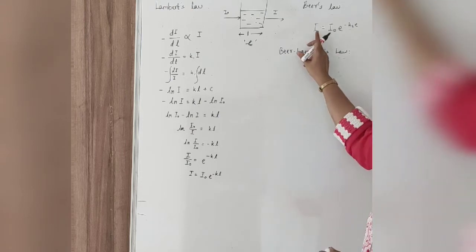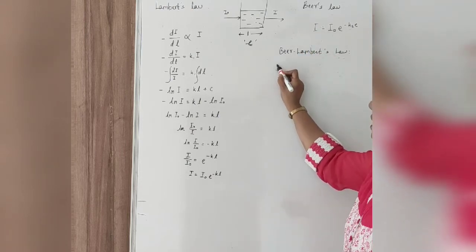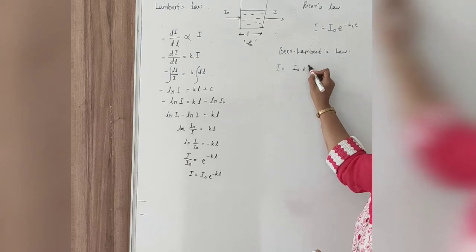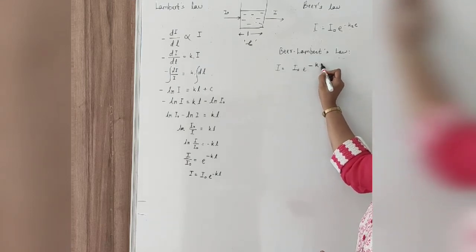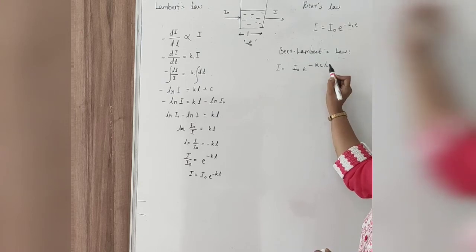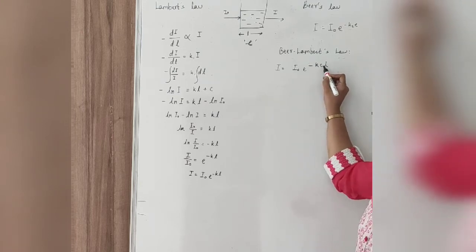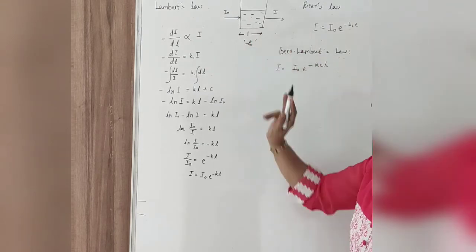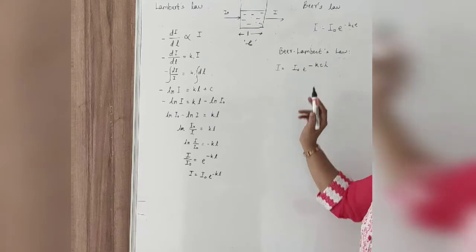According to Beer-Lambert's law, we obtain the equation I is equal to I0 e raised to minus KCL. C is the concentration of this absorbing solution. L is the path length of this absorbing solution.